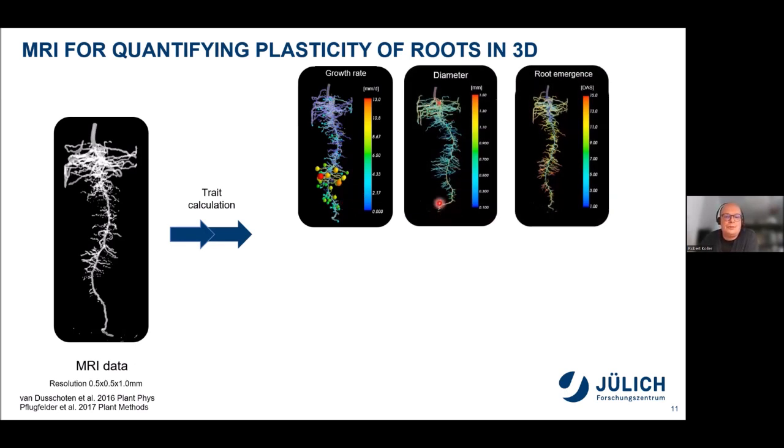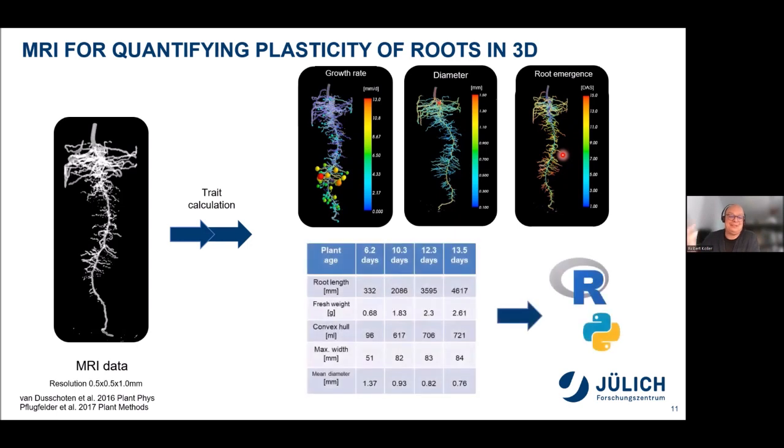The color code gives you different areas of the root systems and different diameters, or also age dependency of root systems. So we can also see here strong spatial and temporal differences of the root systems. But imaging is one thing; of course we can just get the data and then do our analysis in different tools like R or Python or whatever you would like to do.